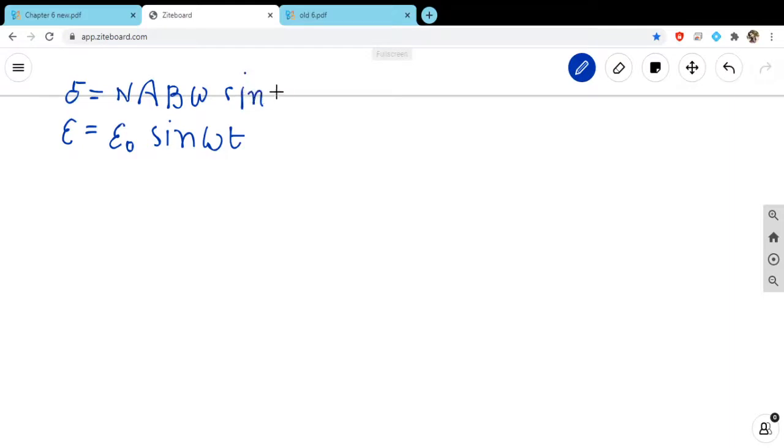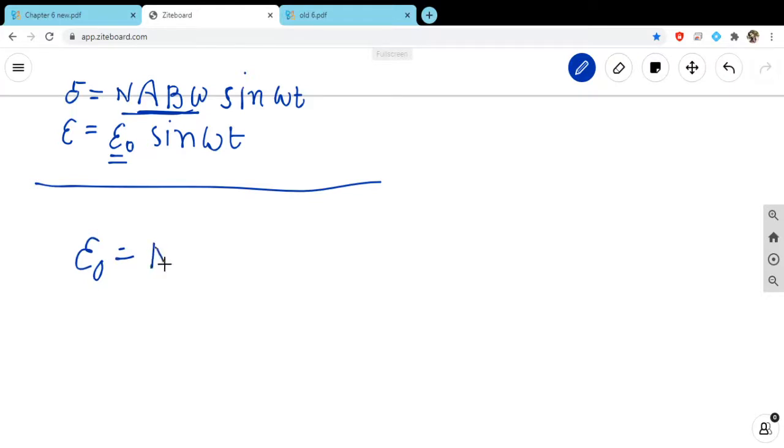We derived the equation from the flux. Here N A B omega means the maximum EMF, that is epsilon naught in short. So in our case, the maximum EMF epsilon naught is N A B omega. All you have to do is put in the values.